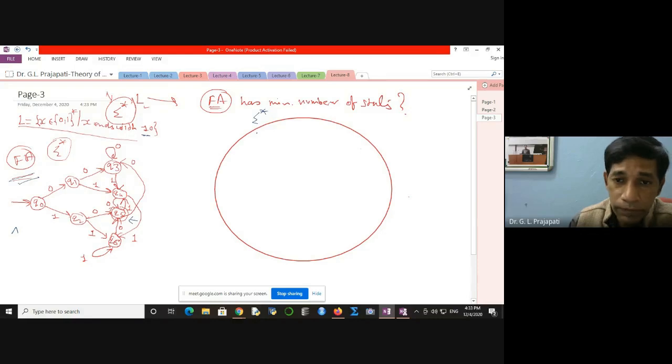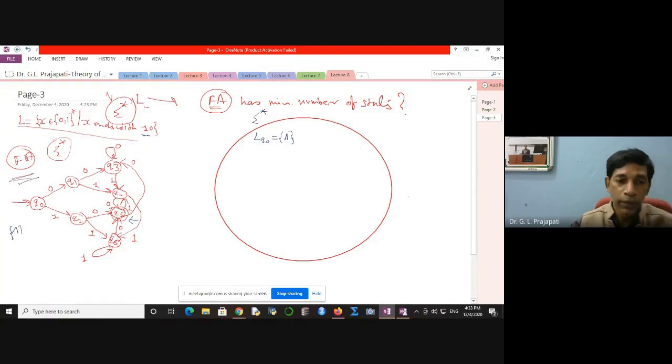If you are ending at Q0, the language of Q0 is accepting the null string. Once your FA stops at Q0, the language you are going to accept is null.